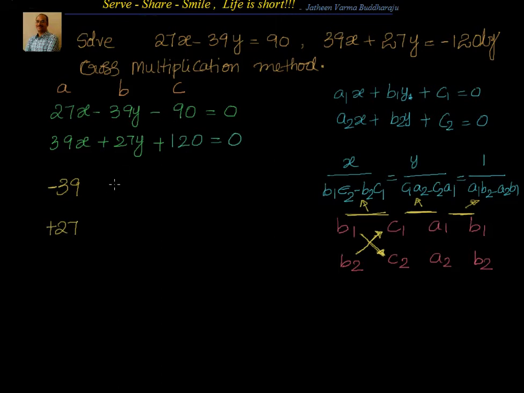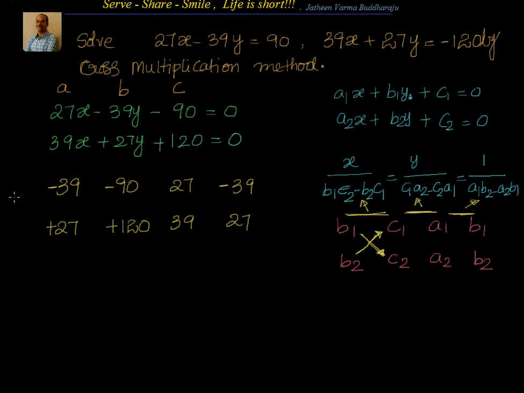Then for C, I have minus 90, plus 120. After that I go to A, which is 27, 39. Then again minus 39 and plus 27.